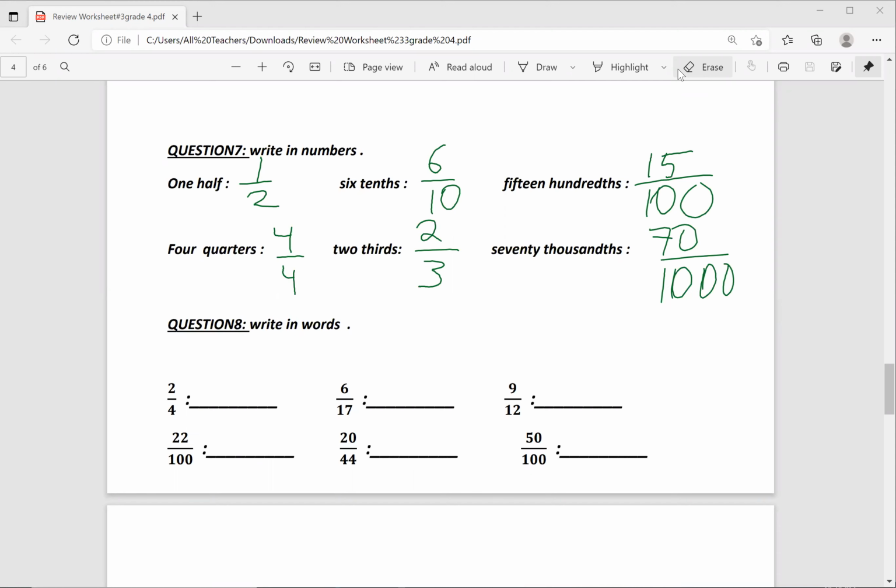Now we're going to do the opposite. So 2 over 4, it's 2/4. 6 over 17, it's 6/17. So they are all the same. I just advise you to do the others. And as you know, the worksheet is found on your Padlet.